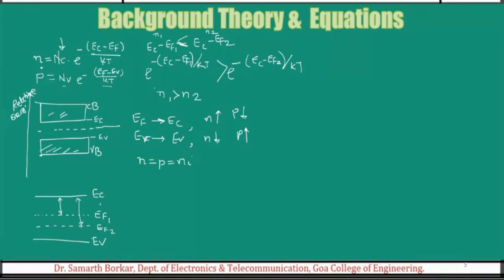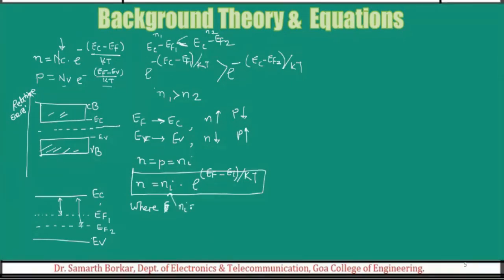Now here, if n equals p equals ni, and if I substitute in this particular expression, what I get is the value of n equals ni e raised to EF minus Ei by KT, where this is an all important equation, where ni equals Nc e raised to minus of Ec minus EF by KT.